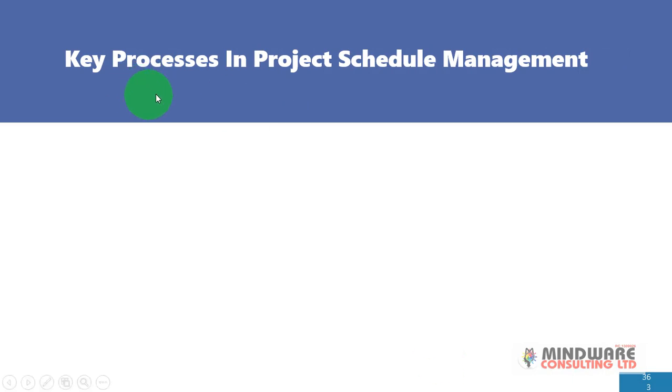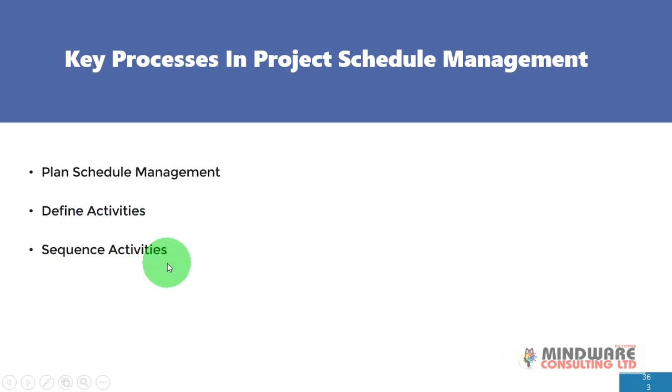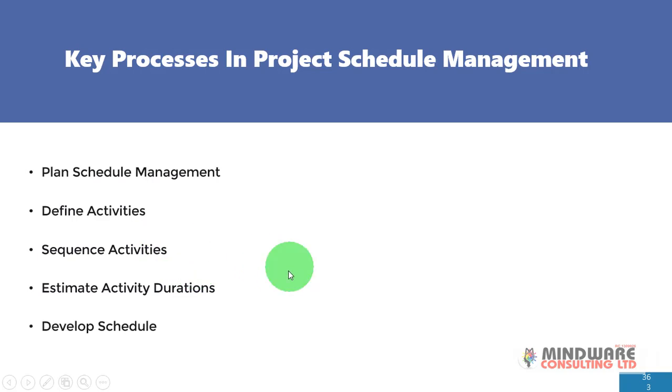So now let's look at the key processes in project schedule management. Plan schedule management. We have define activities, we have sequence activities, we have estimate activity duration, we have develop schedule, and lastly we have control schedule.